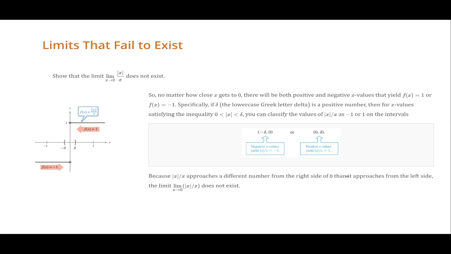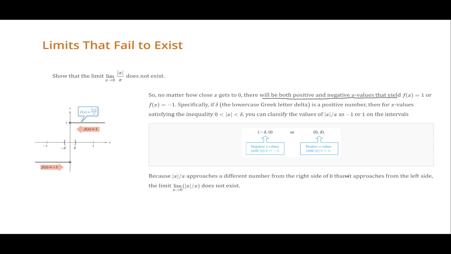So let's talk about this very clearly here. Let's just draw an open interval at 0, and this delta is just a notation for a number. No matter how close x gets to 0, there will be both positive and negative x values. So as you can see here, when x is very, very close to 0, no matter how close, keep in mind, there will be both positive and negative x values that yield f of x equal 1 or f of x equal negative 1.